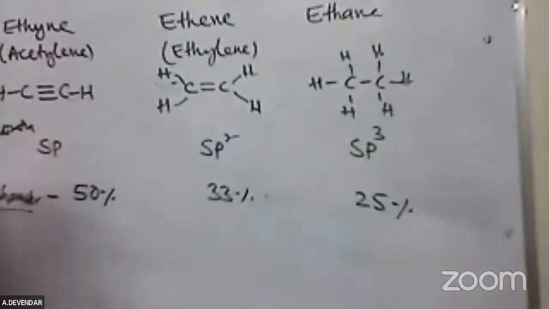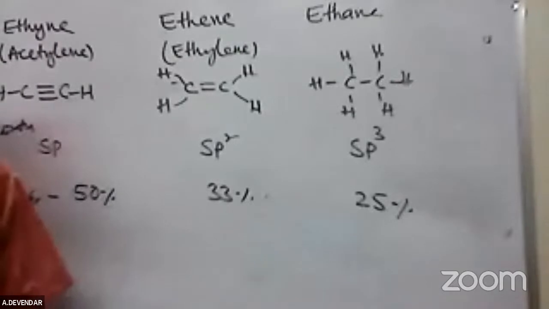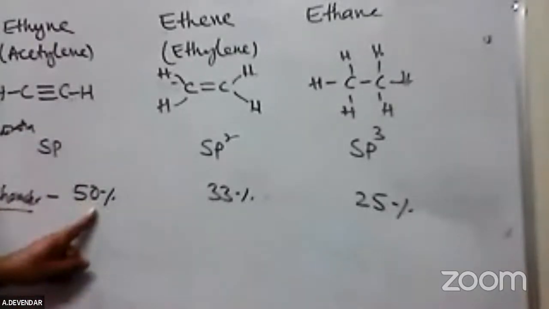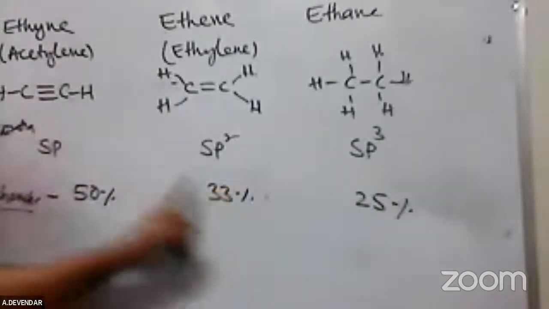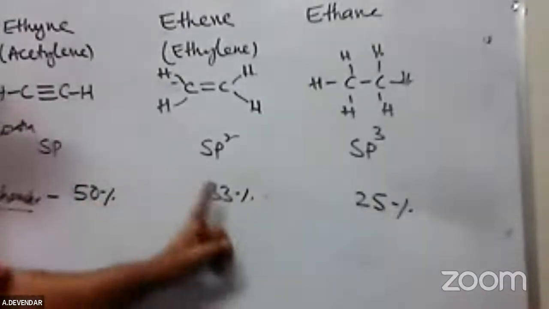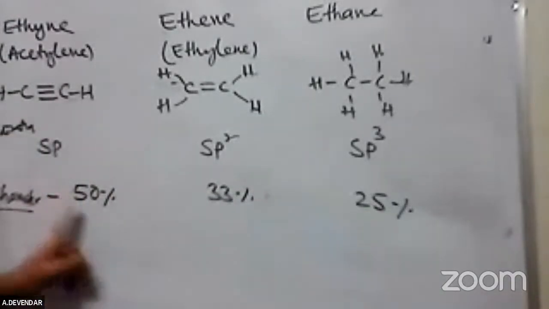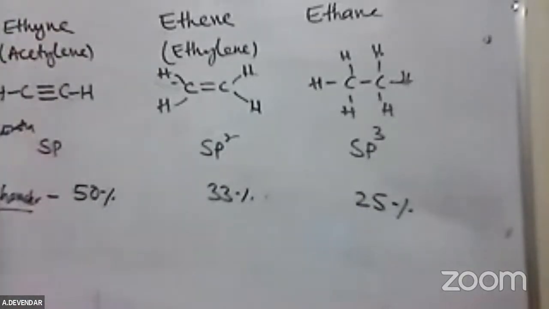What I say is, the acidity of alkynes is due to the gradual increase of s character. It is 25, 33, 50. It is in increasing order. So there is a gradual increase of s character. That's why ethyne gas is acidic in nature.